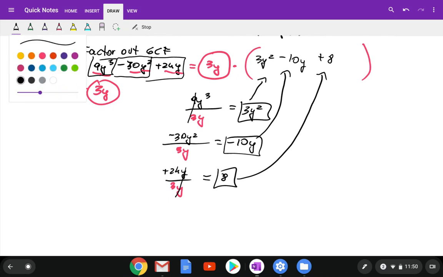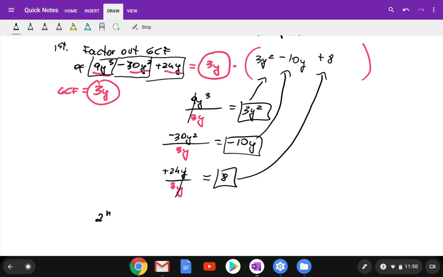Second, we're going to factor out our expression from parenthesis, which is 3y squared minus 10y plus 8.